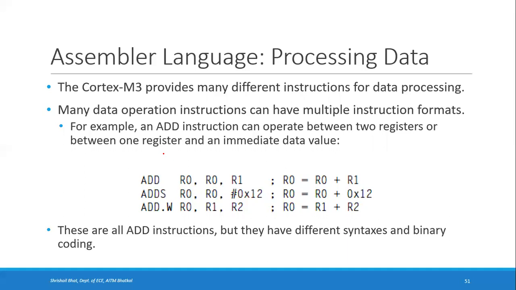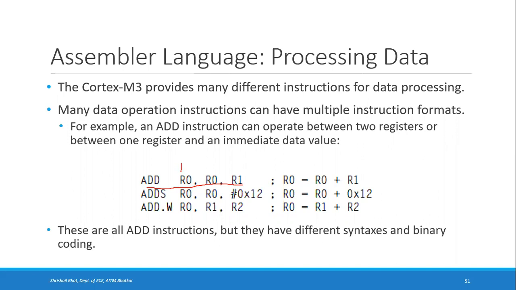So suppose you consider ADD. It can operate between two registers or between one register and an immediate data value, so it can have two operands. Both can be registers, or one can be a register and one can be an immediate data. This is one instruction, ADD R0, R0, R1. Here what you have first is the destination.